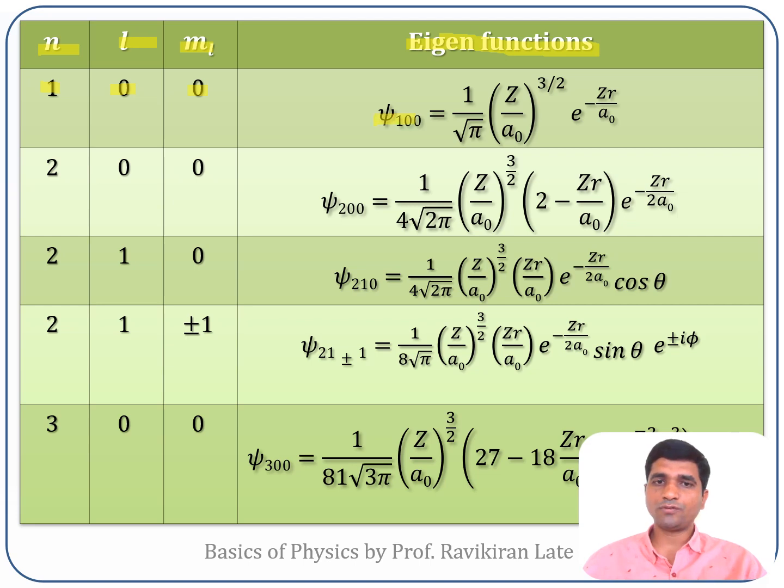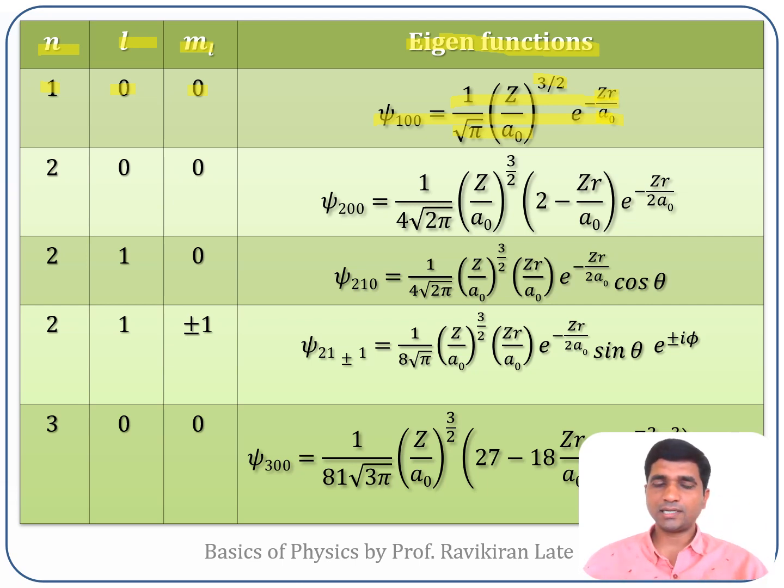So the ground state wave function of the hydrogen atom is given over here: psi 100 is equal to 1 upon root pi (Z upon a0) to the power 3 by 2 into e to the power minus Zr upon a0. That is the ground state wave function of a hydrogen atom.